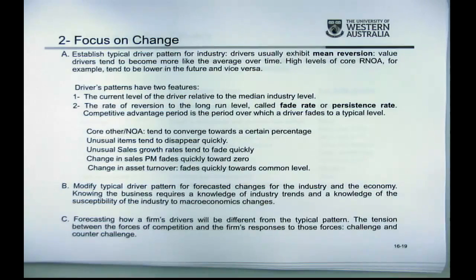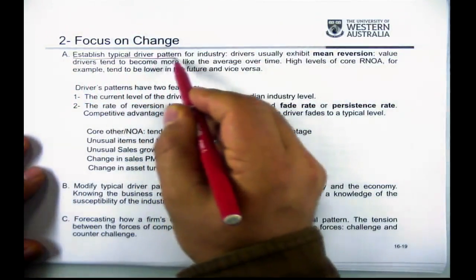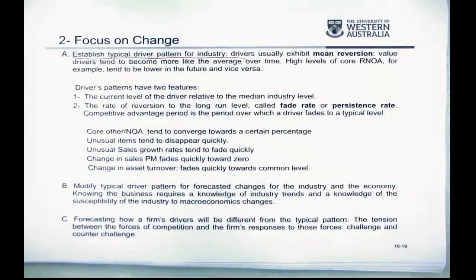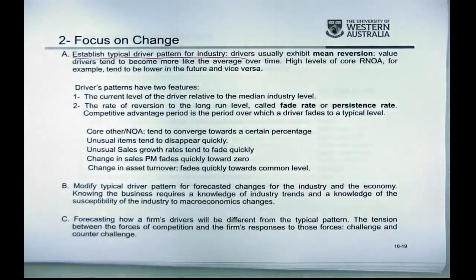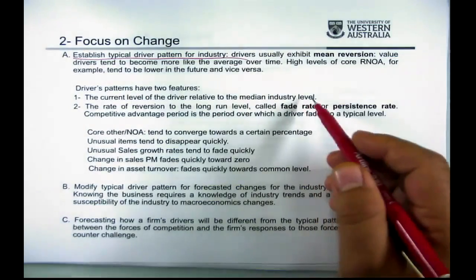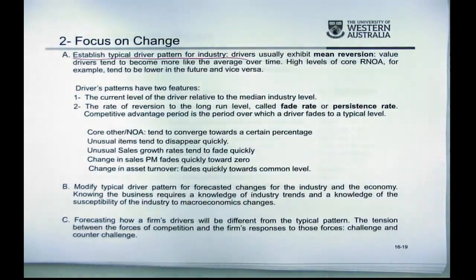In order to capture any change, the first step is to establish the typical driver pattern for the industry. Normally, for each industry, there is an average driver. For example, maybe the ATO for automobile firms is usually, for example, 1.5, something like that.